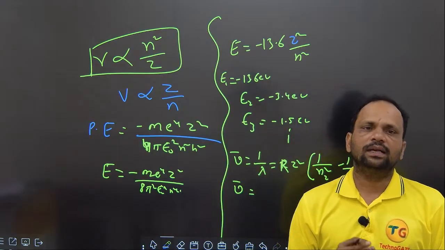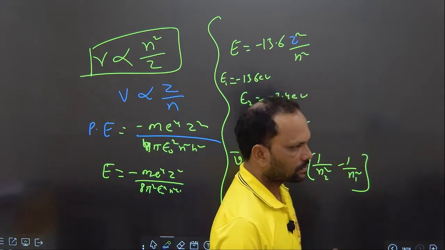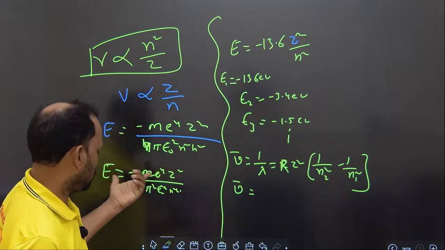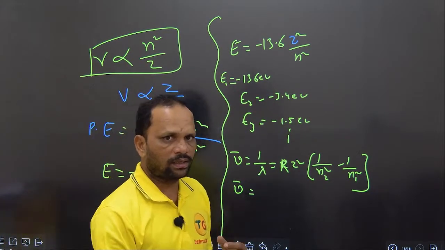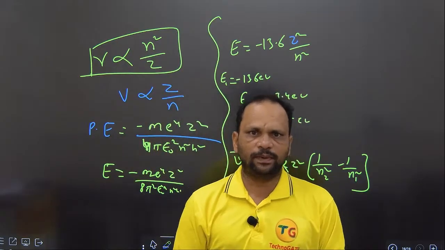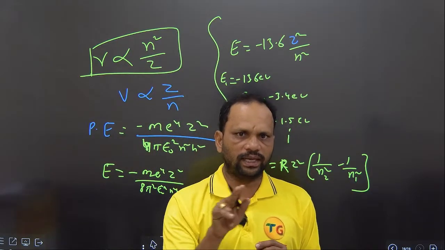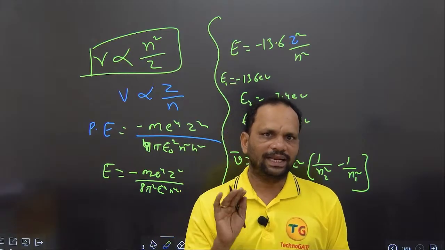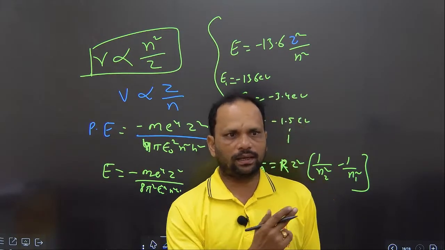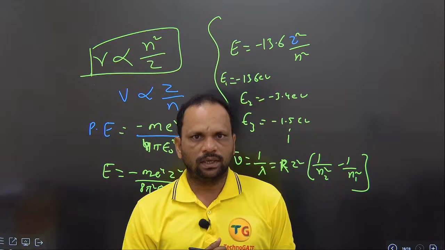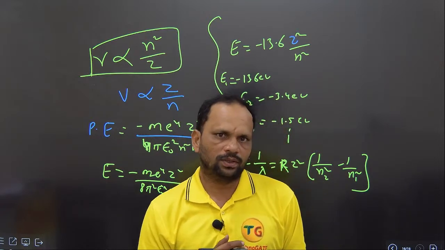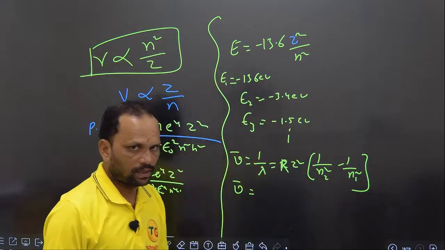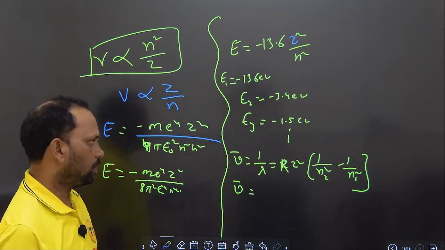And as per the Bohr model, the electron rotates in a circular orbit, but in reality it is in an elliptical orbit. Why it is elliptical and not circular, it doesn't explain. So these are the demerits of the Bohr atomic model.